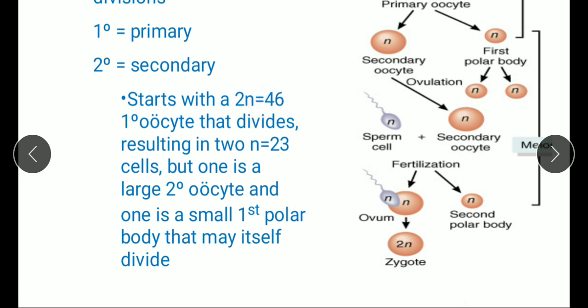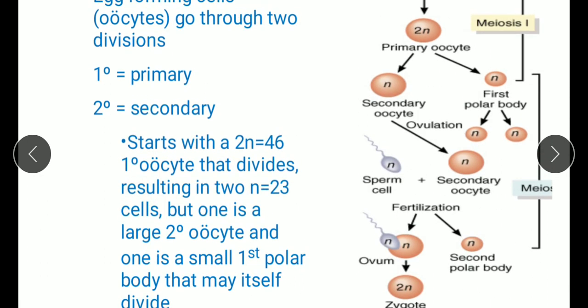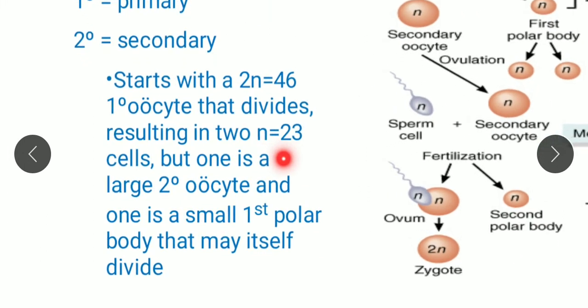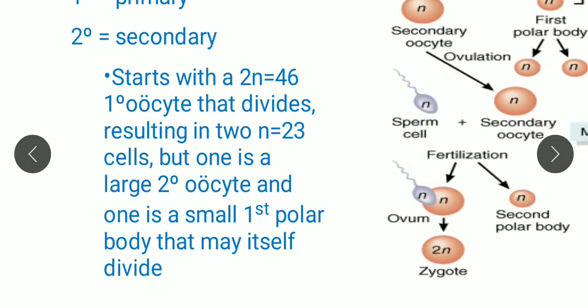Already you know the number of chromosomes in a human being is 46, or 23 pairs. The first division results in 2n equal to 23 cells, but one is larger, the secondary oocyte, and one is smaller, the first polar body, which may itself divide.